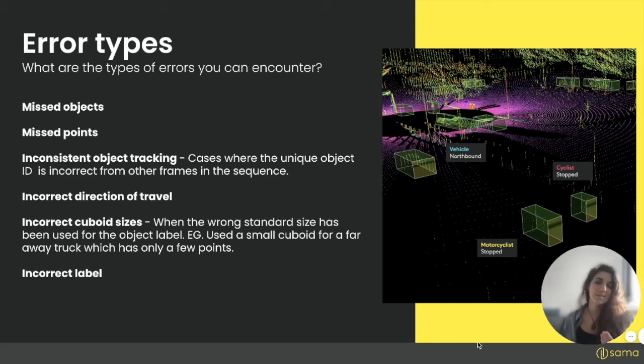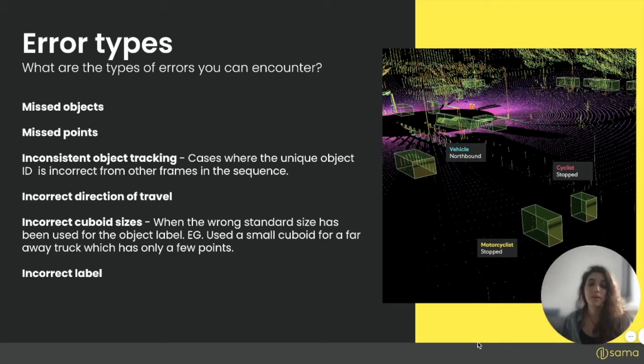Then inconsistent object tracking is what I explained before. If you want object tracking across the whole video, then you want the same car to always have the same ID. So for example, sometimes the car would get out of view of the video or of the scene, and then it's going to come back to the scene. You want those to have the same ID, and you want to make sure that those IDs are properly placed in all the frames.